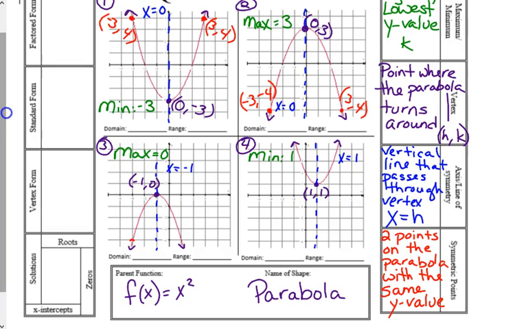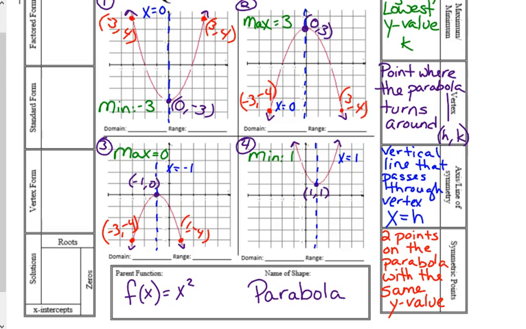Number 3, here's some pretty points. This one is going to be (1, -4), and this one is going to be (-3, -4). Those are our symmetric points.